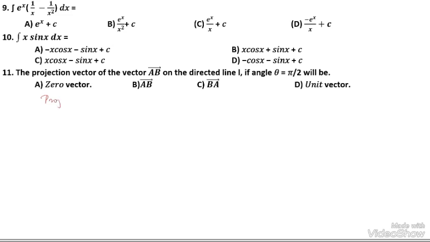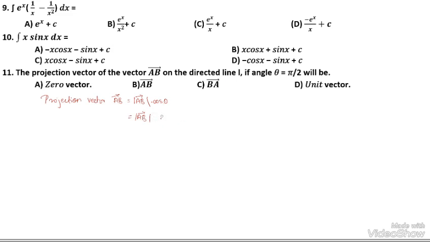That is, projection vector of AB is magnitude of vector AB into cos theta. Here the given angle theta is equal to pi by 2.